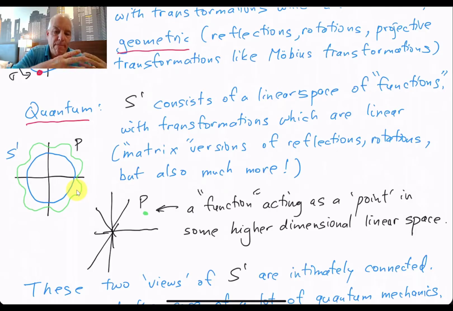Going from a geometrical object consisting of points to a quantum corresponding object where we're emphasizing a corresponding linear space of functions. Okay, so when we have linear spaces, we have linear algebra, and so linear algebra becomes important.